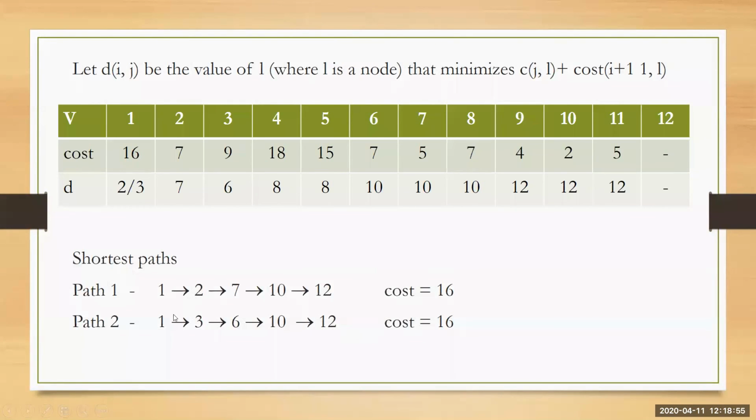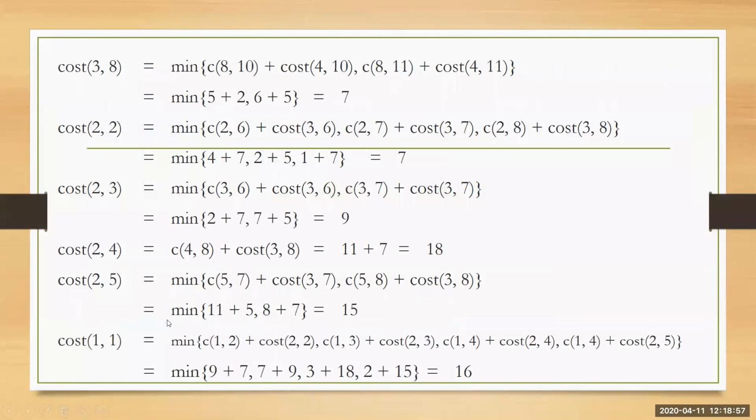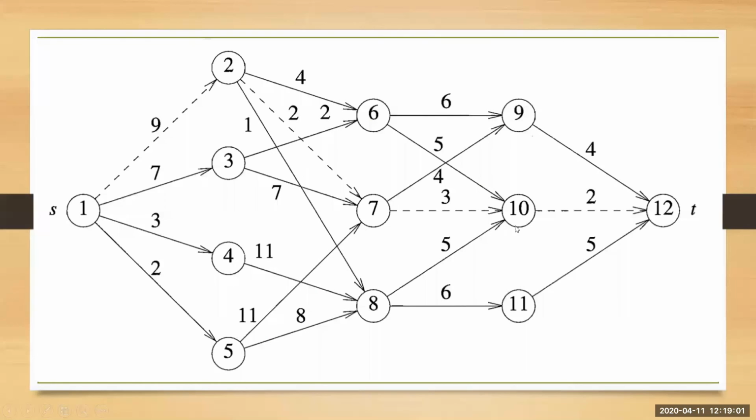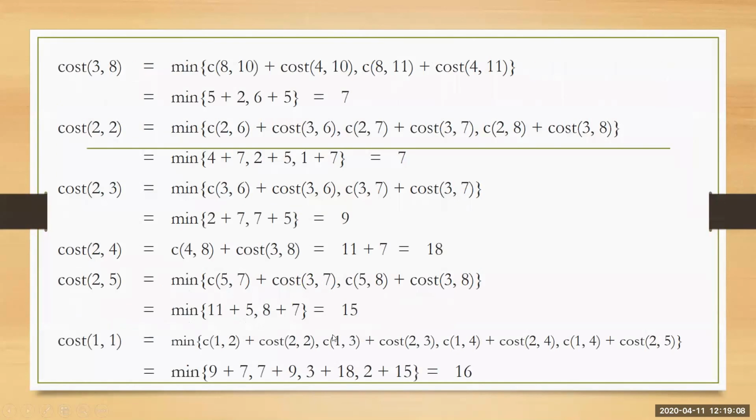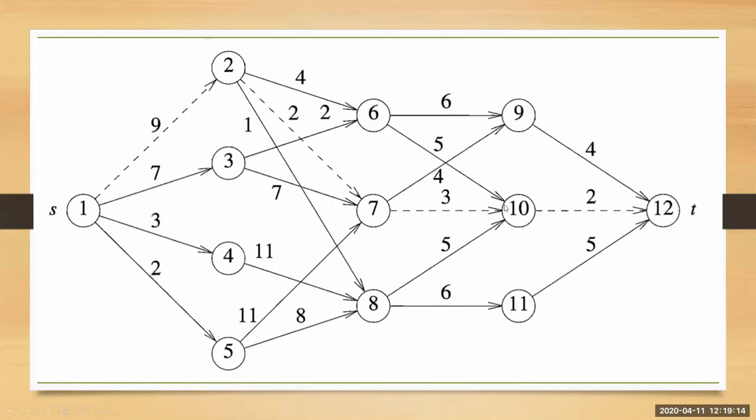If you look at the diagram, the dotted line shows 1 to 2, 2 to 7, 7 to 10, 10 to 12 as one path. And the other path is 1, 3, 6, 10, 12: 1 to 3, 3 to 6, 6 to 10, 10 to 12.